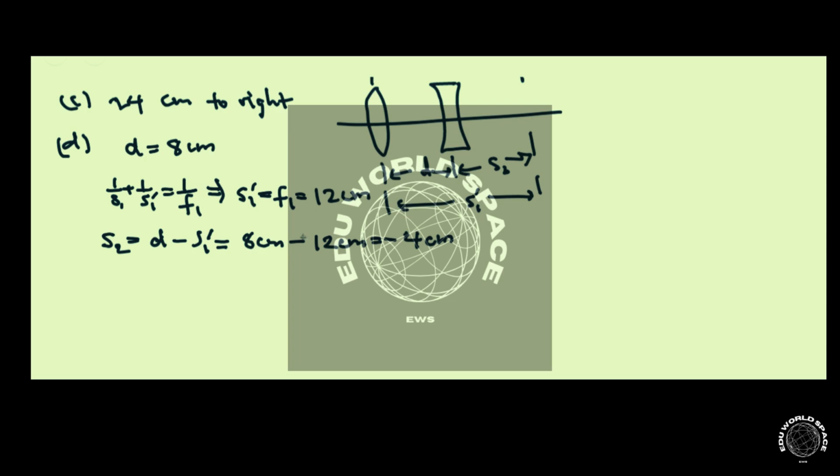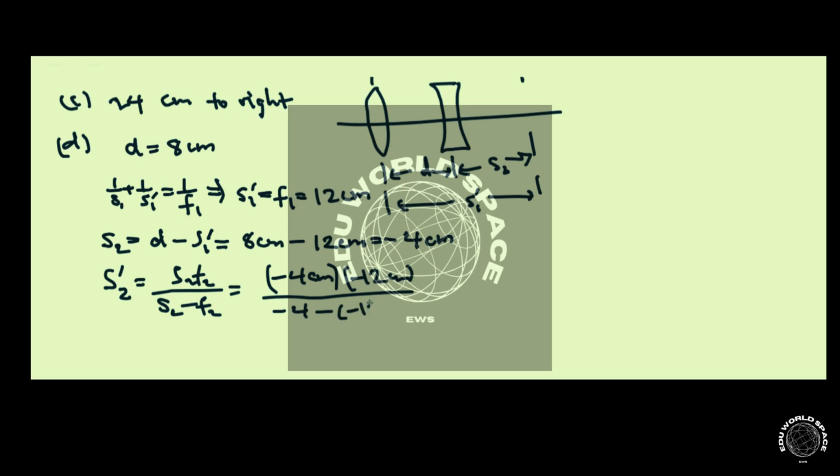And now we solve for the image of the diverging lens using the same equation as before. So S2 primed is equal to S2 F2 divided by S2 minus F2. So we get minus 4 centimeters times minus 12 centimeters divided by minus 4 minus 12 centimeters.